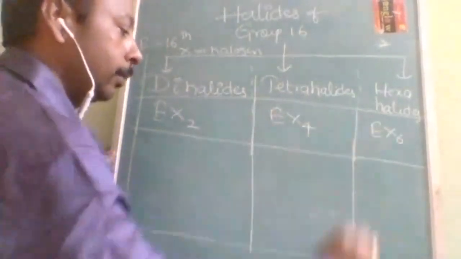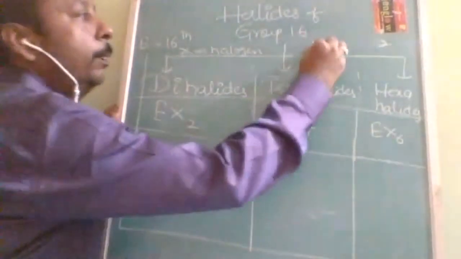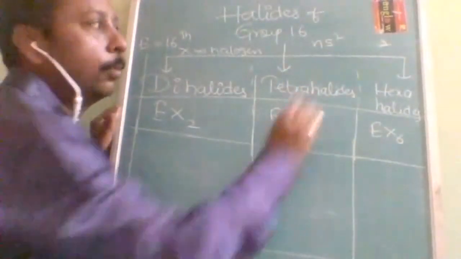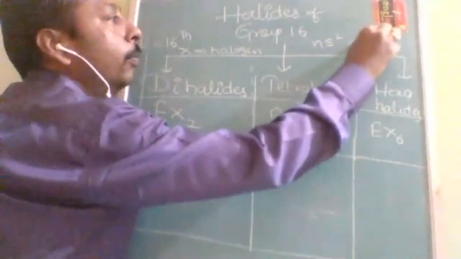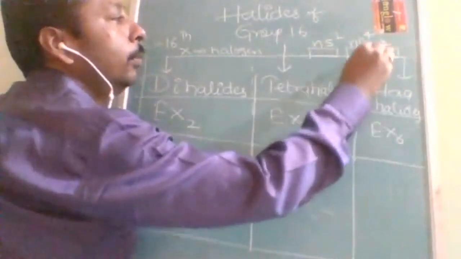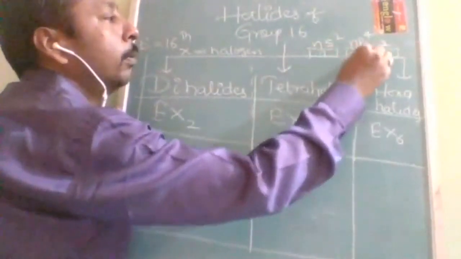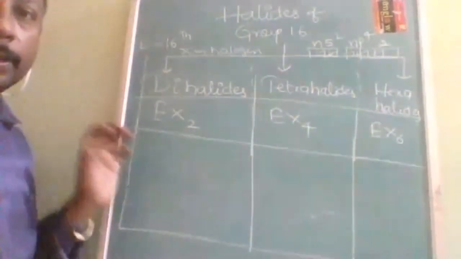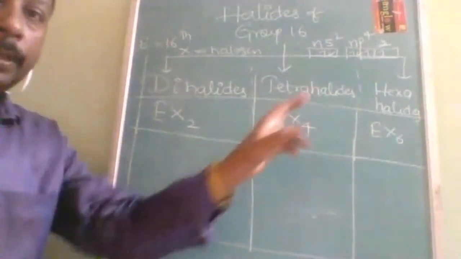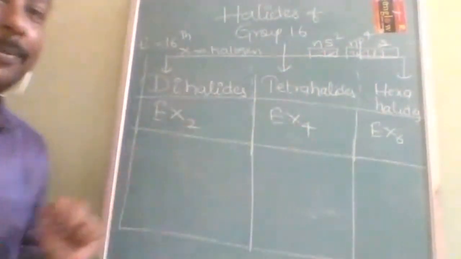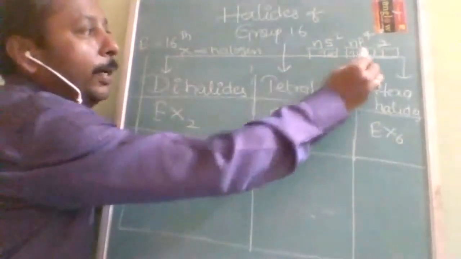The 16th group element electronic configuration will be ns2 np4. Is it visible? ns2 np4.